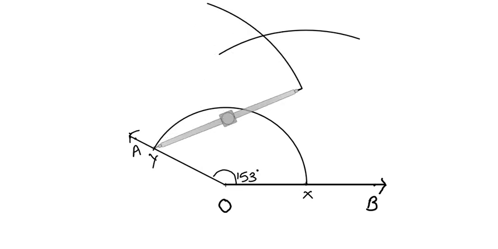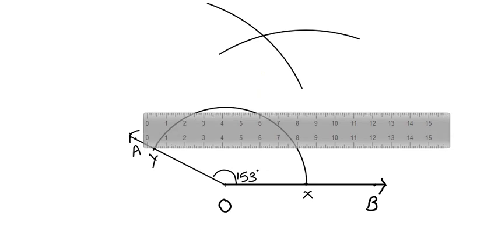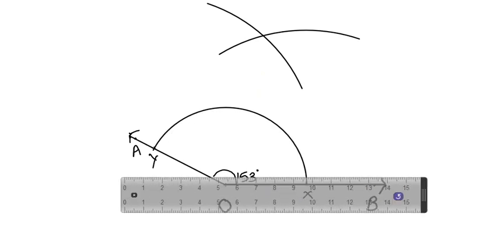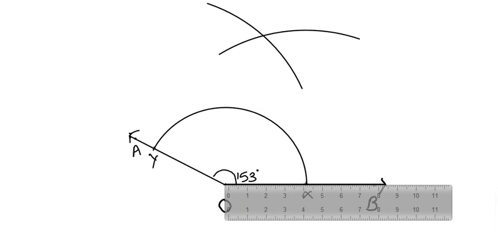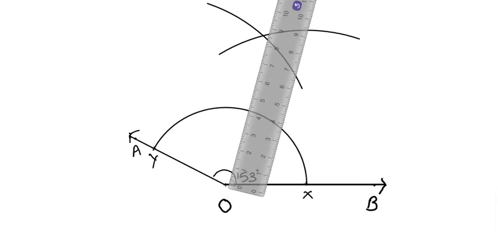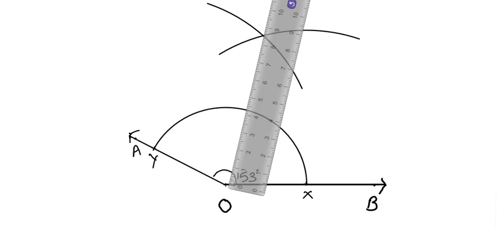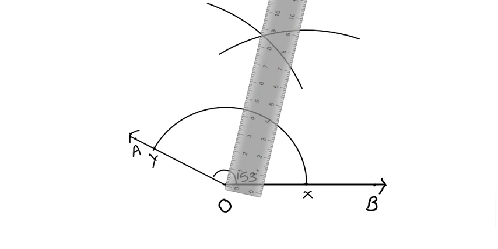Okay students, now as the work of the compass is over, I'm keeping it away. Now time for the ruler. Adjust the size of the ruler. We need to join this point O and the point where the arcs intersect. We need to join it carefully.